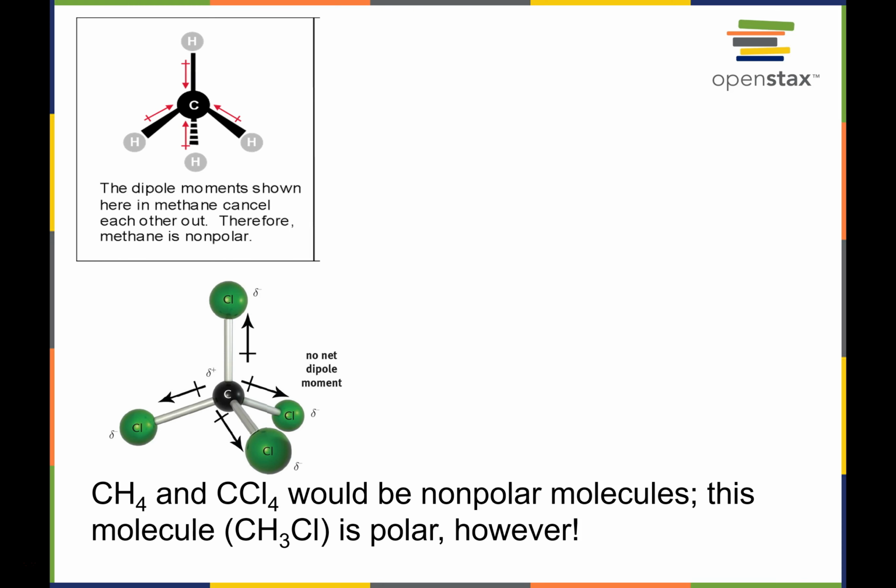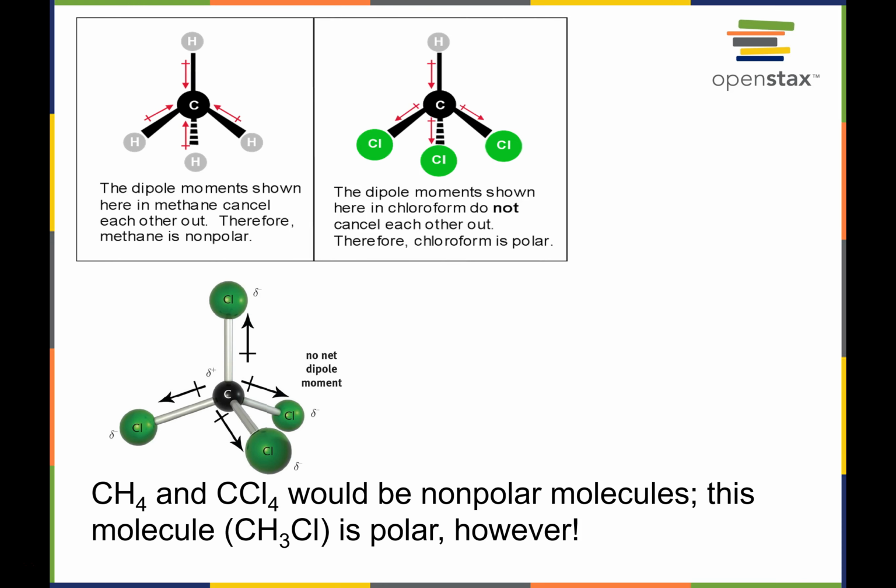But now check this out. What if I change it up, and you can see I'm going with three chlorines and one hydrogen. I'll change the color I want to use. That could be my hydrogen, and then I have chlorine, chlorine, chlorine.